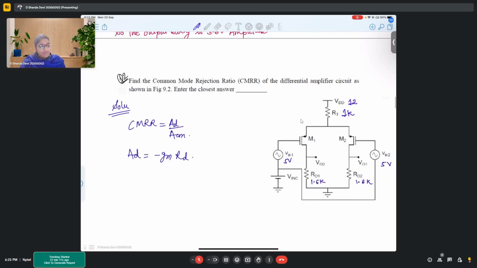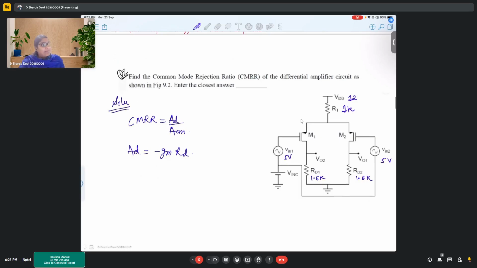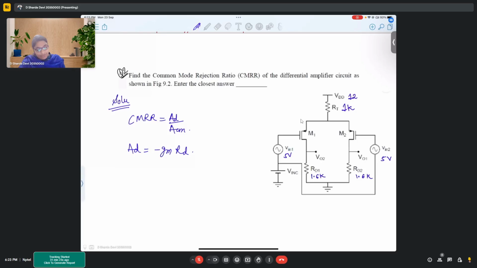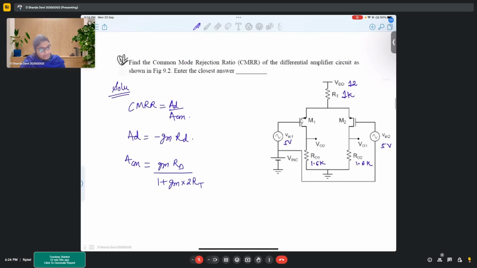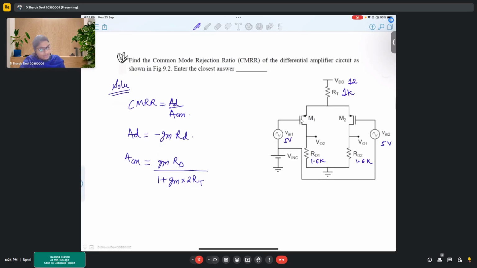Now in this case, we will figure out what will come as RD. And if we talk about ACM, the formula for ACM is given by GM into RD upon 1 plus GM into 2 times of RT. So this is the formula that we would get.